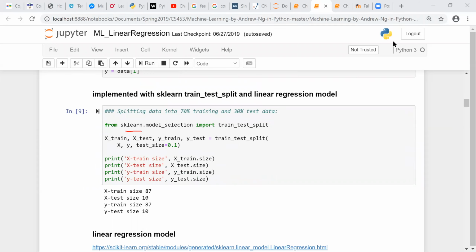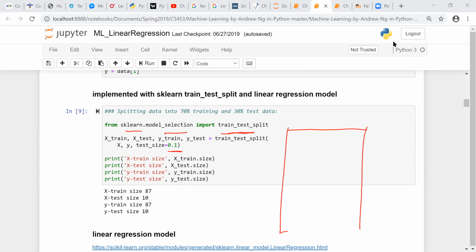We already discussed it. And the model, first what we will do is we split the training and the testing data. Here we do 90% training and 10% testing.